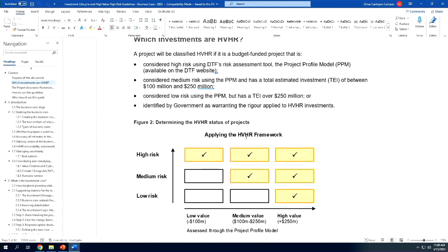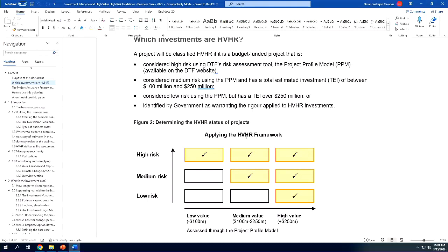And then on the other part is the budget, or the expected total estimated investment that you are requiring for the project. If it's less than $100 million, and using the tool it results in a high risk project, it is considered as a high risk, high value project.